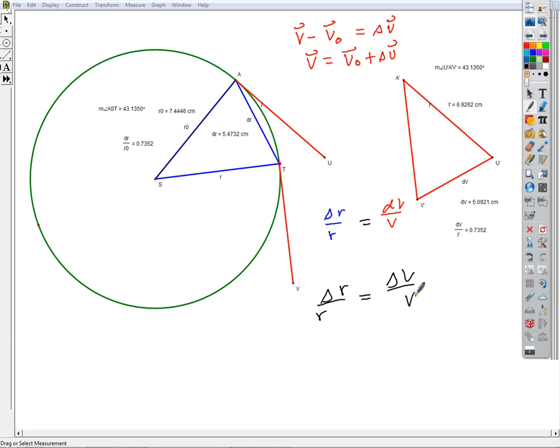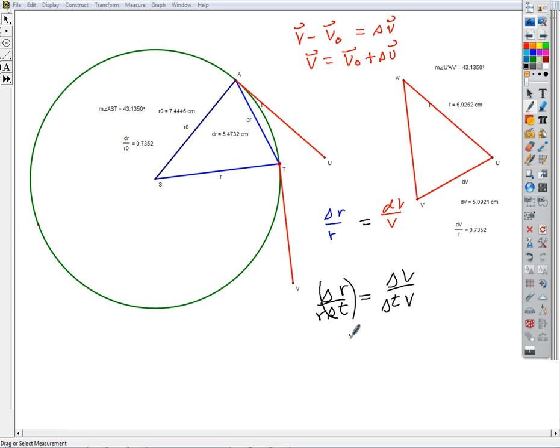Let's multiply each of these fractions by 1 over delta t. And delta t is just how long it took to go from there to there, right? Well, what is delta r over delta t by definition? What's the change in position over change in time? Velocity, right? So look at that.